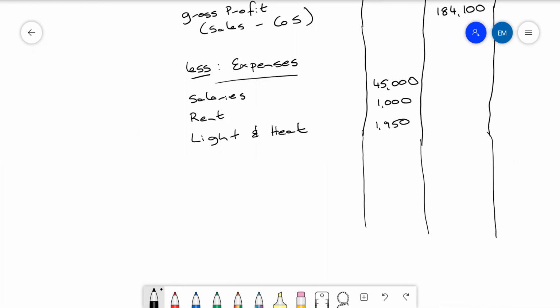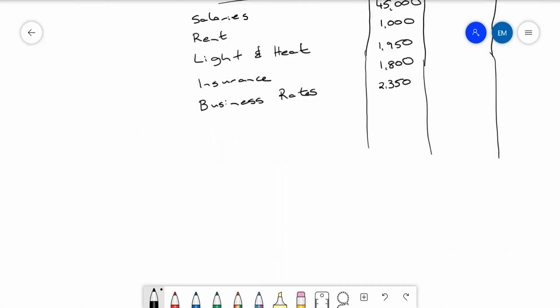We had insurance, 1,800, all coming from the trial balance. We had business rates, 2,350. And our final expense that we had listed in the expenditure section is carriage outwards. And that was €750.